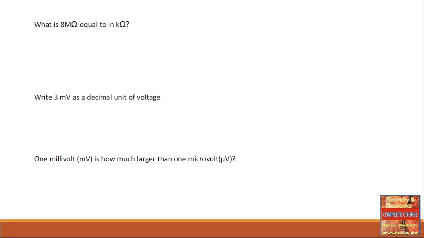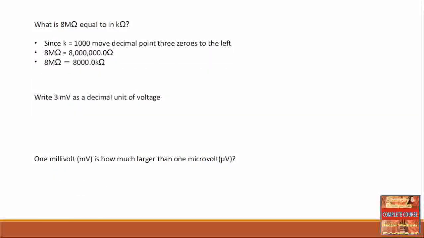What is 8 megohms equal to in kilohms? Since kilo or K equals 1000, move the decimal point 3 places to the left. We get 8 megohms, that's 8 million ohms.